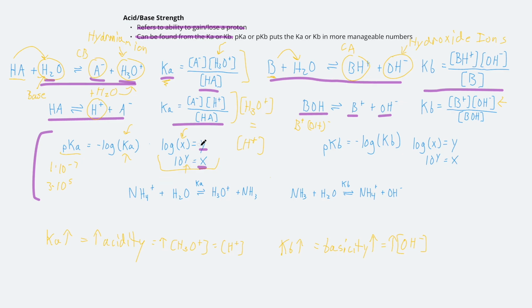So 10 to the power of y equals x. If you were to plug in a couple numbers and play around with that equation, what you end up getting is that as Ka goes up, the pKa goes down. So a lower pKa means a stronger acid, because a higher Ka means a stronger acid. And the exact same thing applies whenever you're trying to find the pKb.